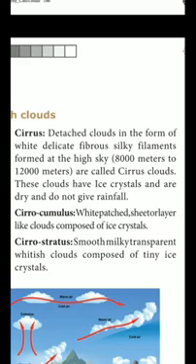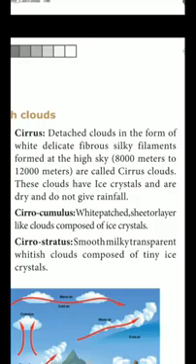Okay, where you can see this cirrus, it is mostly formed in the high sky. Mostly 8,000 meter to 12,000 meters are called cirrus cloud. These clouds have ice crystals and are dry and do not give rainfall. So it contains ice crystals. From this cloud, we are not getting rainfall.